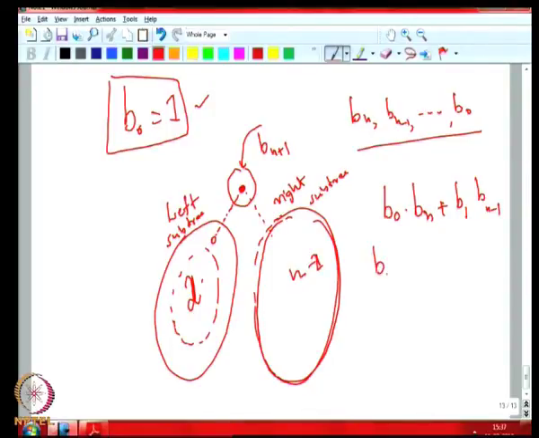That will be B2 into Bn minus 2 ways. These 2 vertices can be arranged in B2 ways here, and the n minus 2 vertices can be arranged in Bn minus 2 ways here. Like that all the way to Bn into B0. This will be Bn plus 1.